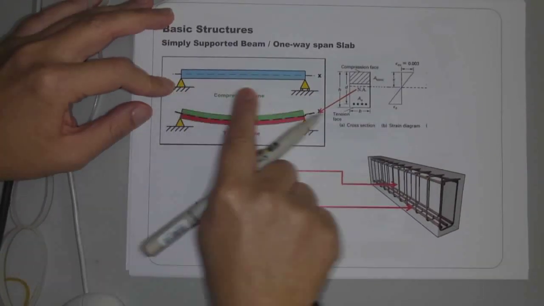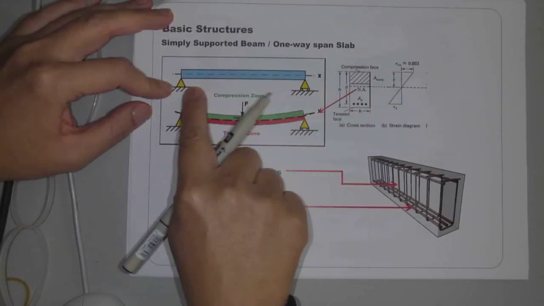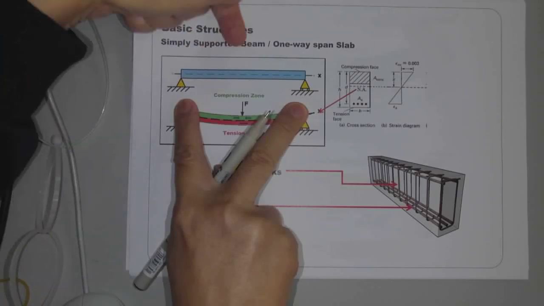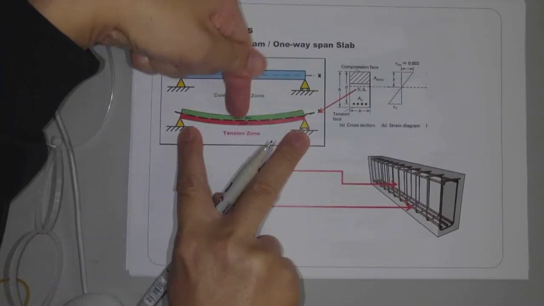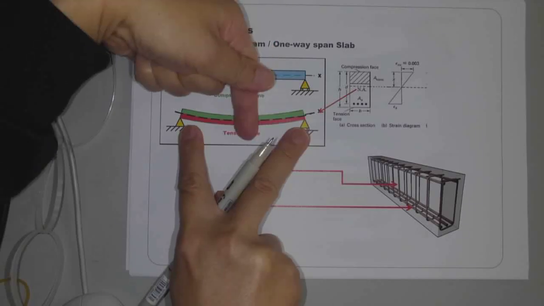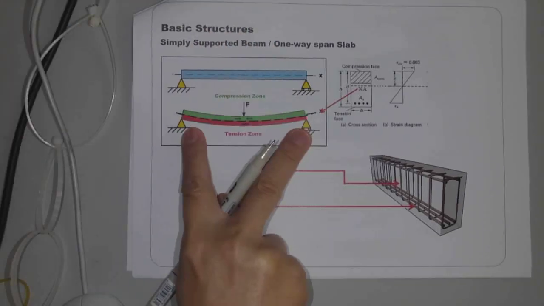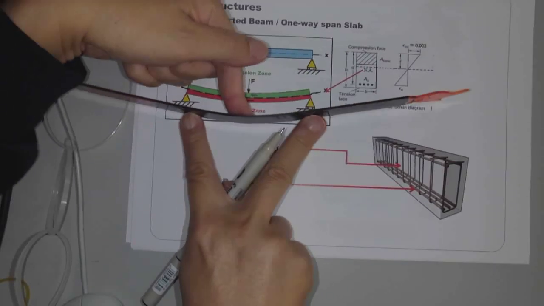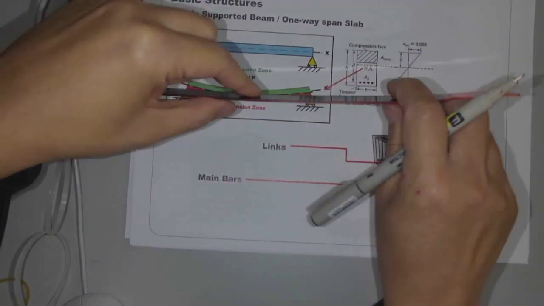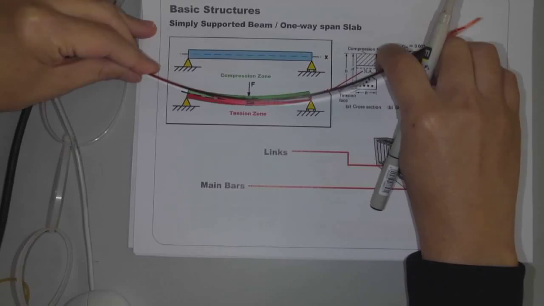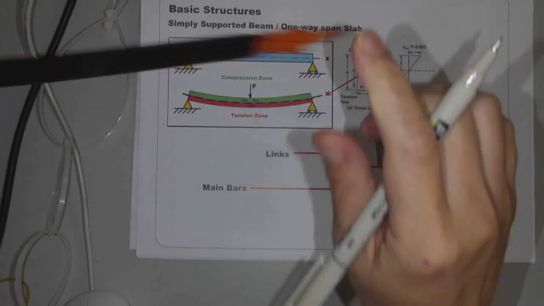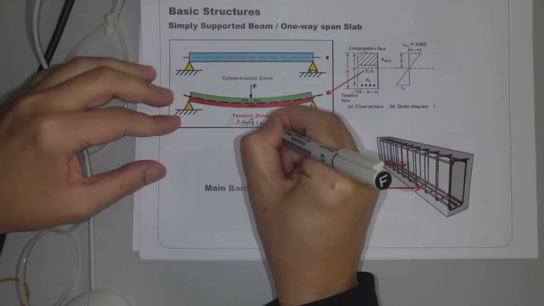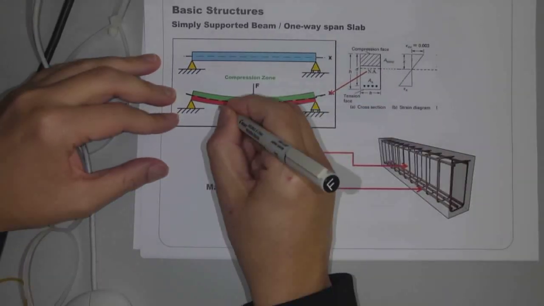So the first example is just the simplest case, just a beam supported on two sides, and you got a load acting right at the center, pushing down. So that's simple enough. It will bend like this. So that's sagging. So you can immediately identify from the deflected shape.